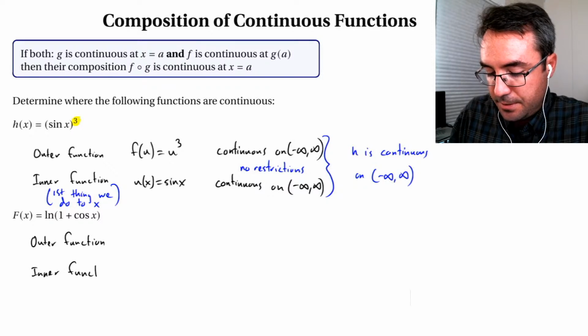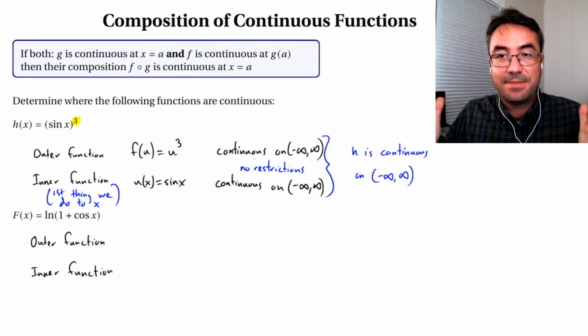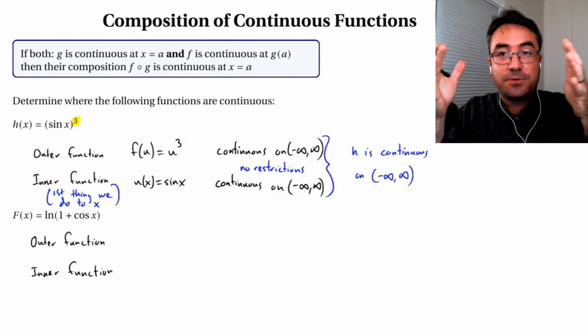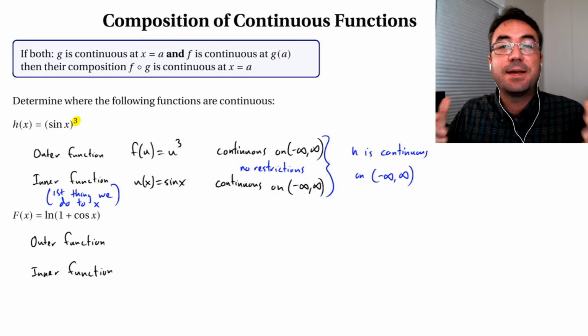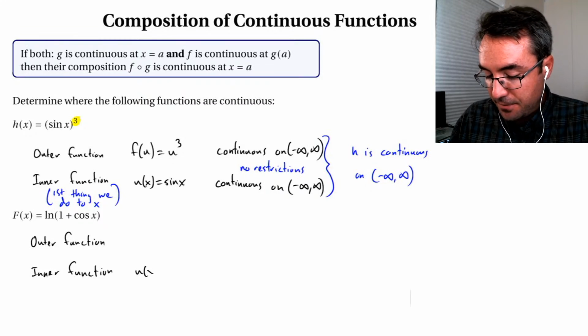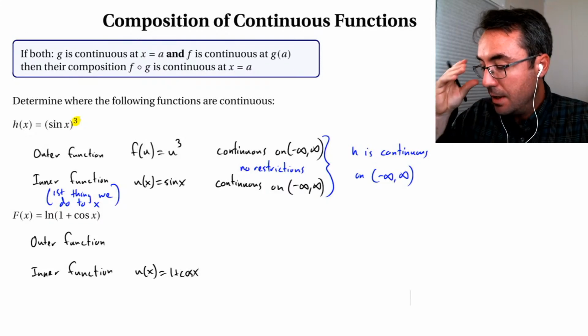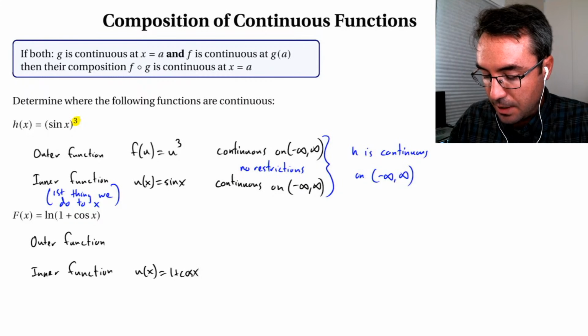And usually, the outer function is the last thing, towards either of the ends. And then the inner function usually happens inside parentheses. So in this case, I would say our inner function might be that 1 plus cosine x. And then the outer function is the natural log.